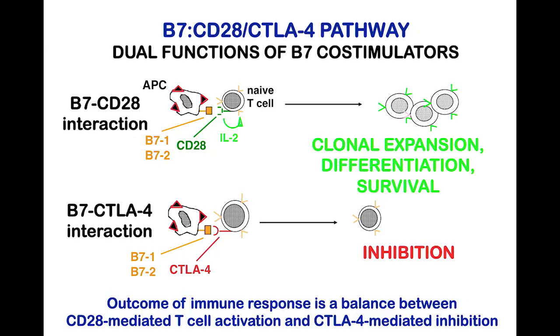And this pathway suddenly became much more complex because these B7 molecules could engage CD28 and promote T cell activation. But when they engaged CTLA-4, they inhibited the immune response. So the outcome of this pathway is somehow a balance between CD28-mediated T cell activation and CTLA-4-mediated inhibition.